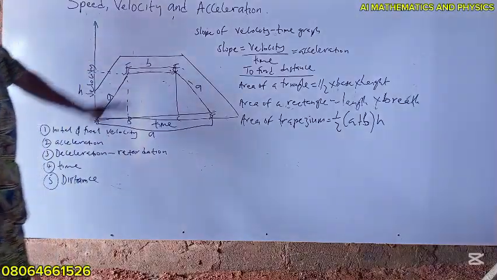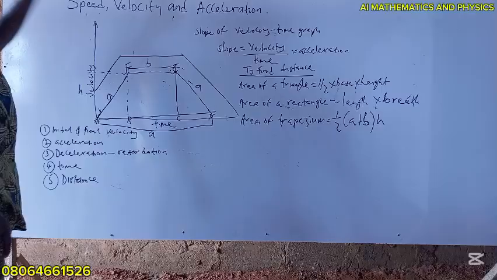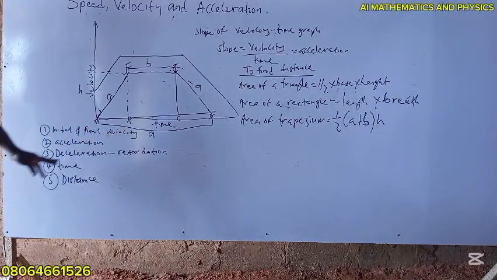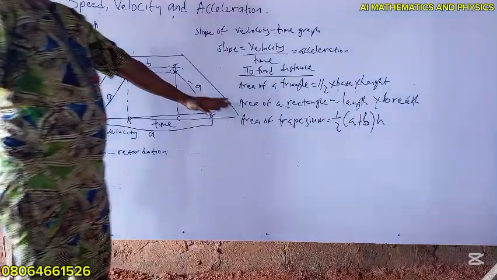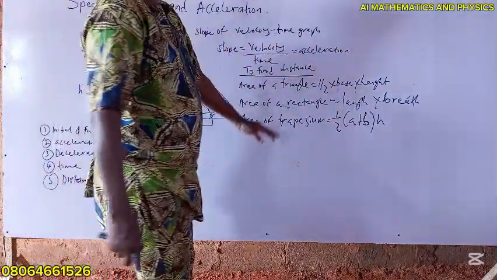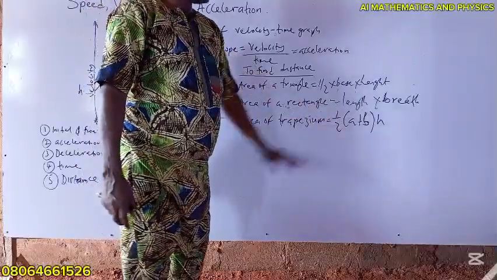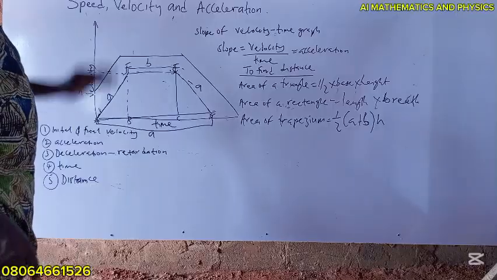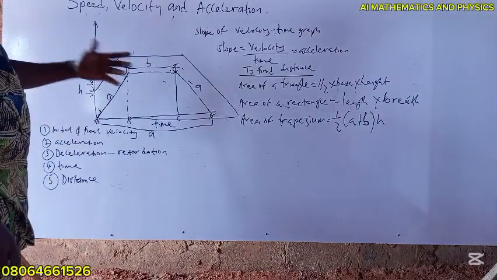So this graph, we are going to simplify in the next class. But what you need to point out is that you can find initial or final velocity, acceleration, deceleration or retardation, time, and distance. For distance, you apply formulas: half base times height, area of a rectangle, or area of a trapezium, which next class I will portray more. Because what matters in physics is how to relate formulas and get what you want.